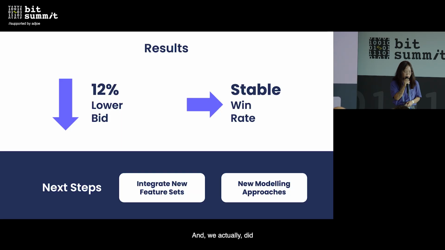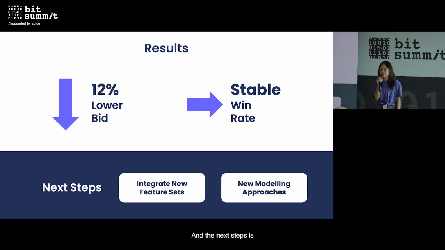And we actually did an A/B test for our BP model, and the initial results are quite good. So we have a stable winning rate, the same as our current baseline, and the bid is 12% lower. So it means that the model started to learn how to bid more efficiently, and we could actually start to have some margin from this new approach.